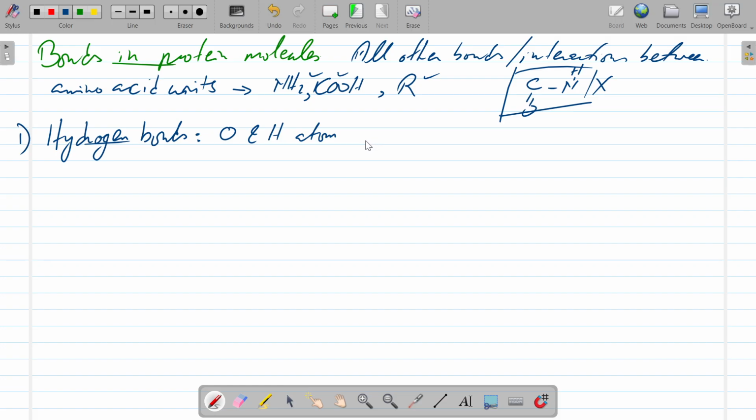Basically, if they're attached to some other atom that is giving them polarity, a delta negative and delta positive charge, that makes them polar, and that would give them the hydrogen bond.